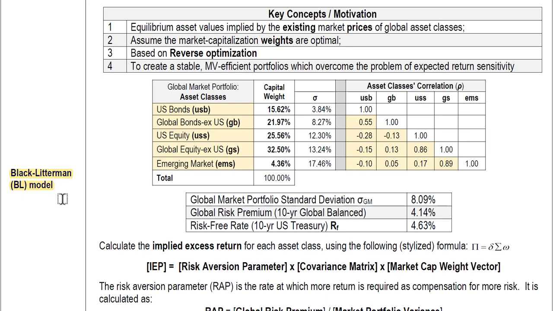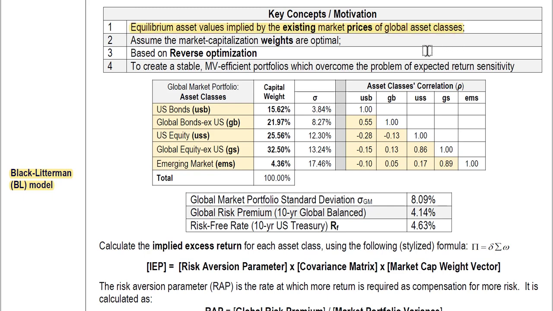The idea is different from the corner portfolio. Instead of using the historical estimation from historical data for each individual asset class, it is based on the market condition first. It assumes that we have a global market which is in equilibrium, so it uses the equilibrium asset values implied by the existing market prices of the global asset classes.